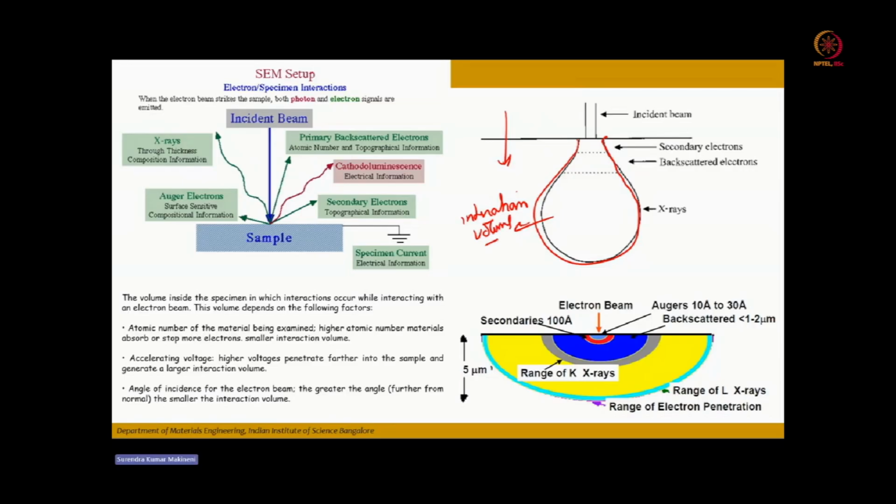In this interaction volume, depending upon the energy E0 and the incident conditions, various radiations are generated as a result of inelastic scattering.